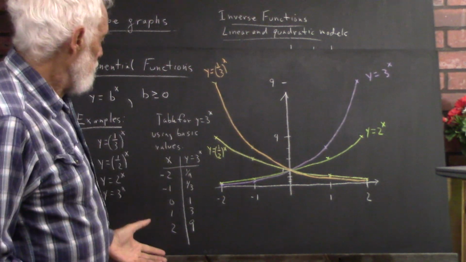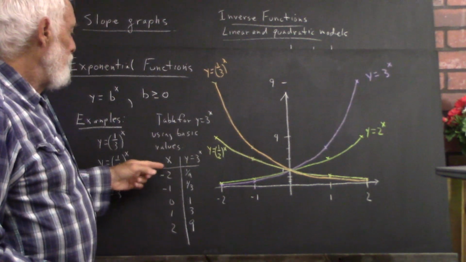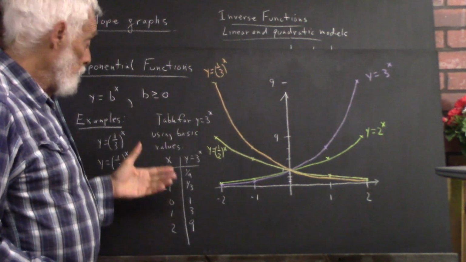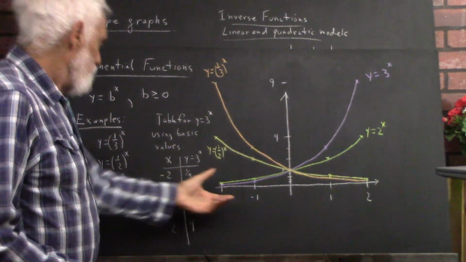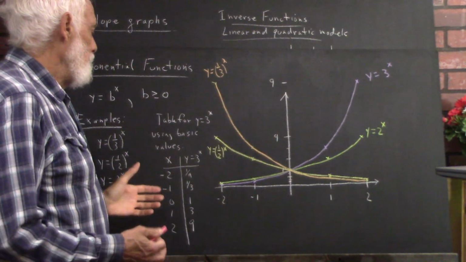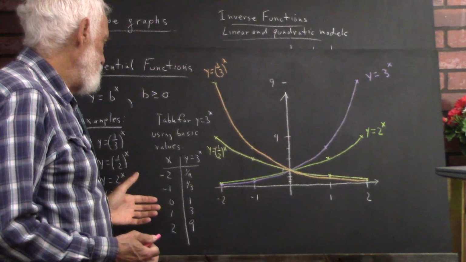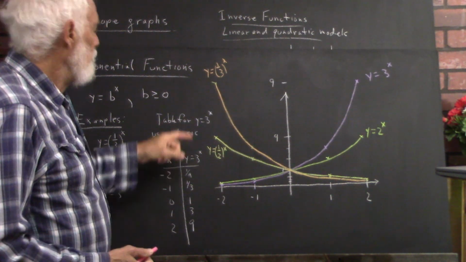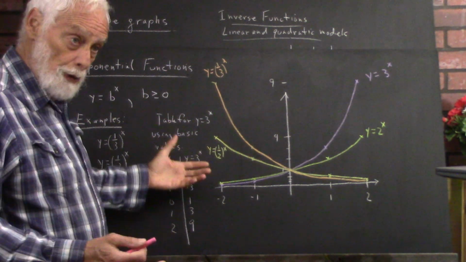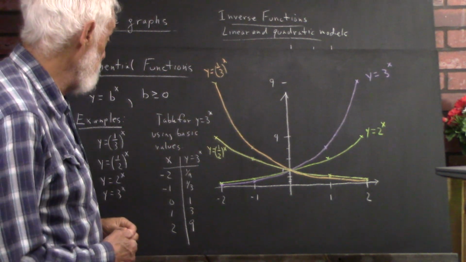For negative values of x, 3 to the x is going to be a lot less than 2 to the x. And the less your x value is, the smaller the 3 to the x value will be compared to the 2 to the x value. You should check that out, make sure you understand that statement.